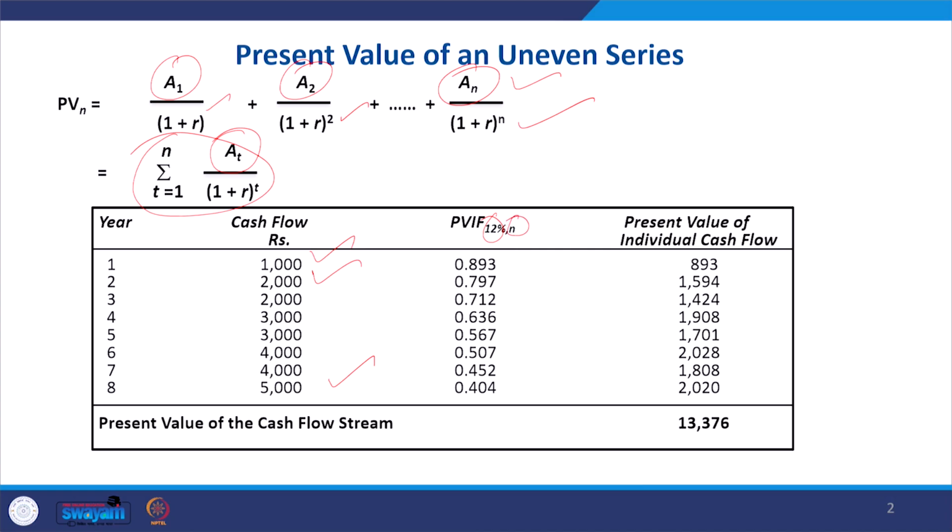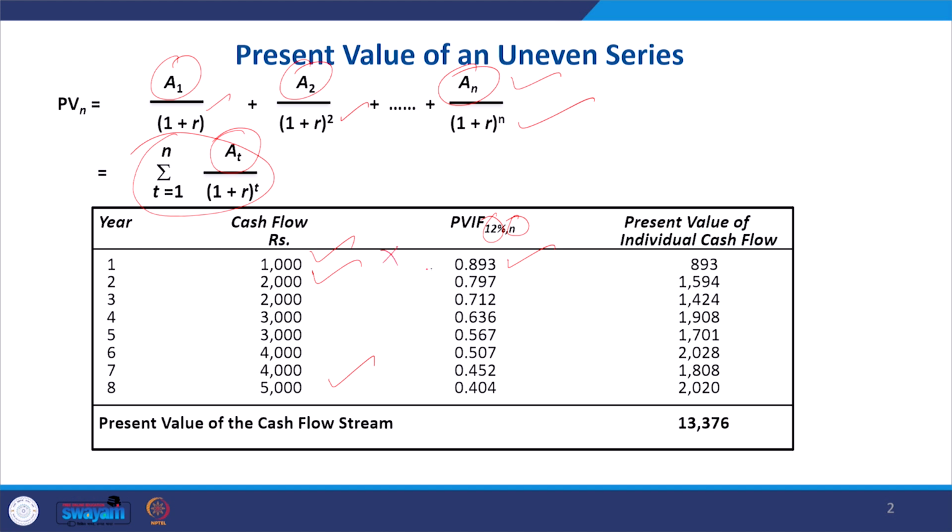We find it in the present value table, the PVIF table, for 12% and n number of years. Against 12% and the first year, you will find this factor, 0.893.